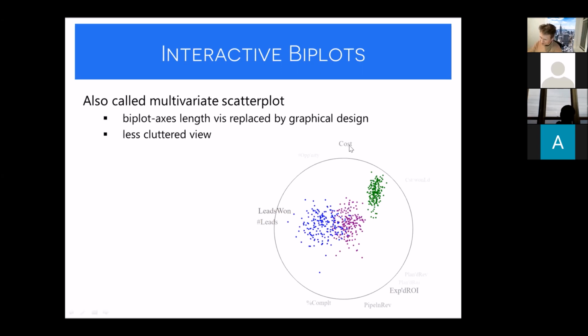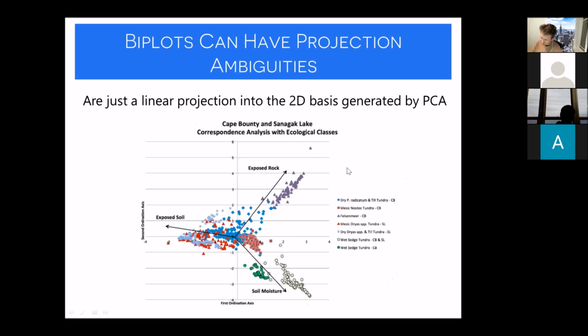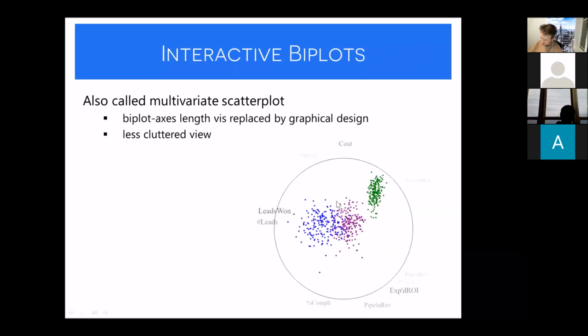When the axis label is more visible, the axis vector was longer. This is a sales data set, and this variable, cost, is very well exposed in this scatter plot. Leads one, also number of leads, is also well exposed.